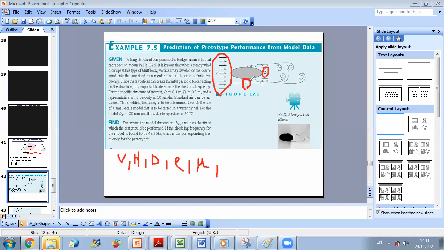They talked about vortices, and these vortices are characterized by a certain frequency, because they said these vortices can create harmful periodic forces, and it's important to determine this frequency.